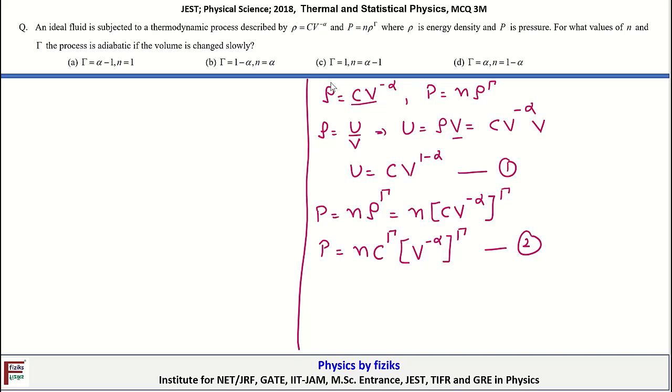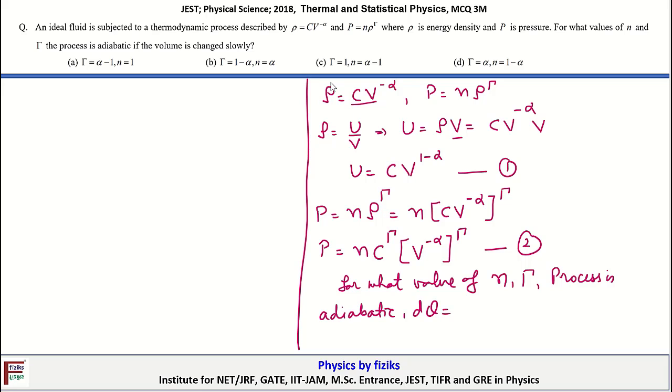Okay, now the question is, for what value of n and gamma is the process adiabatic. The process is adiabatic, that is dQ equal to 0.